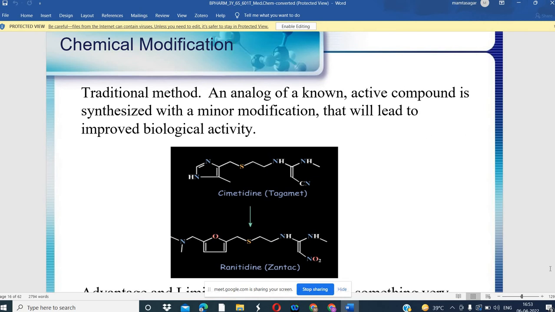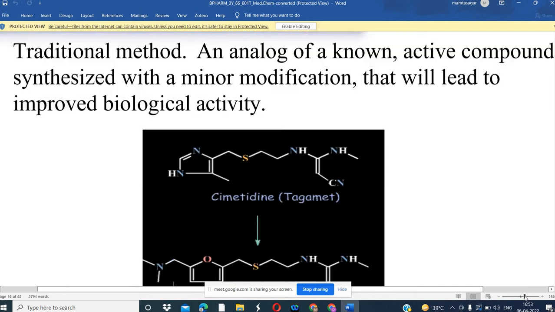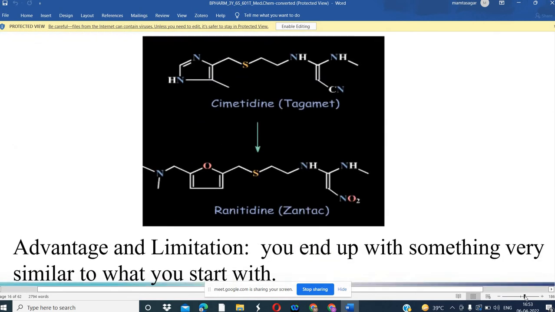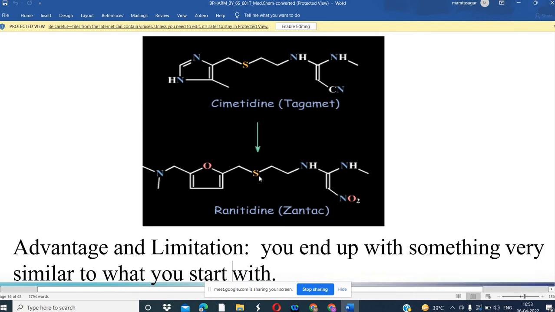So here you can see in this slide the cimetidine drug. Then the modification is done here. You can see the ranitidine drug, so there are changes in this drug.